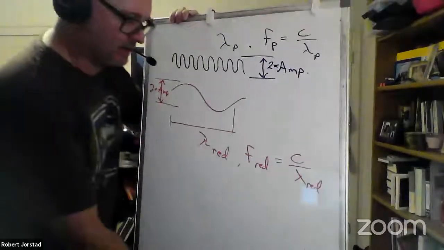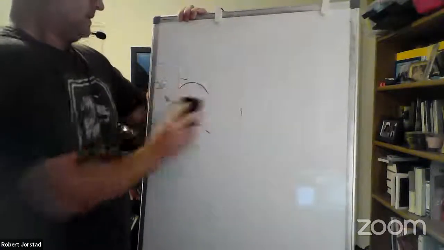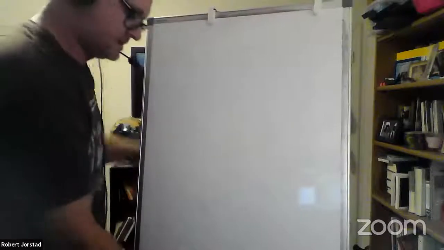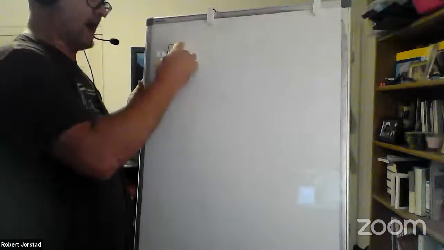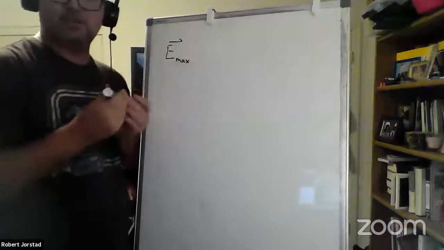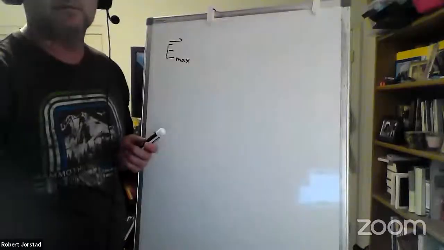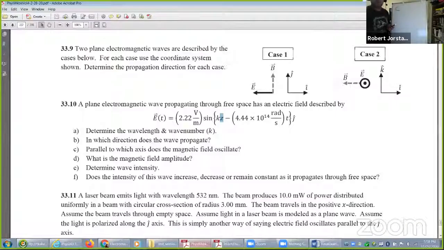This is how wave equations work, all right? So this is a traveling wave equation. Let's say we have this equation here, E max, and I'm going to actually use the one that we have in our problem. So let me bring that back up. So it looks like we need to look at this one.